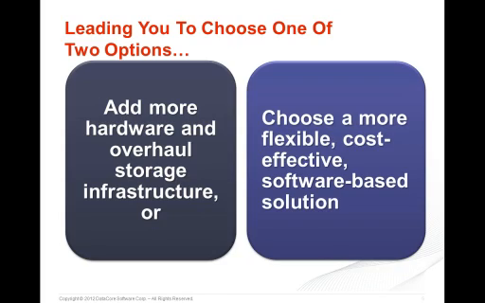Now, with tier 1 applications, one of the problems is that if we have to add more hardware, overhaul the storage infrastructure to be able to get the levels of high availability and performance from an underlying storage area network, then the temptation is not to put our tier 1 application storage in a storage area network, and we revert back to having direct attached storage.